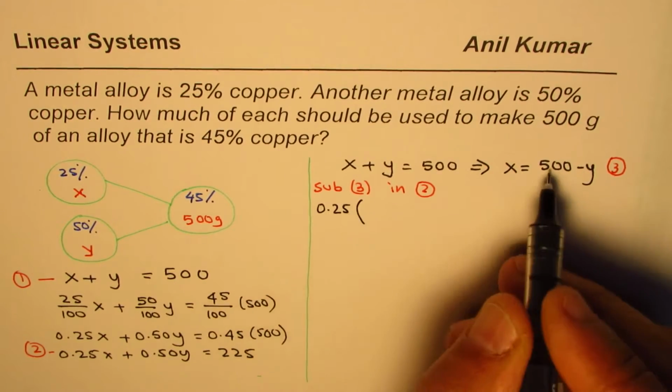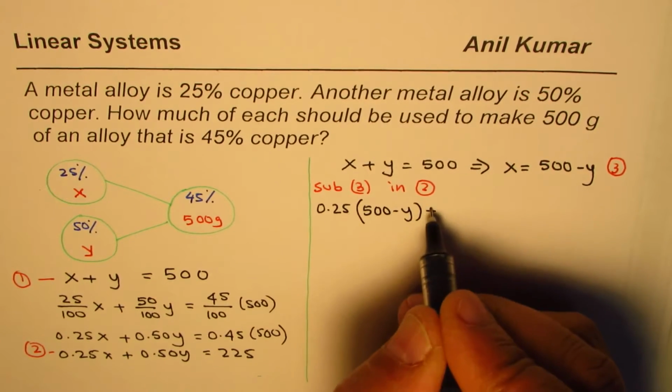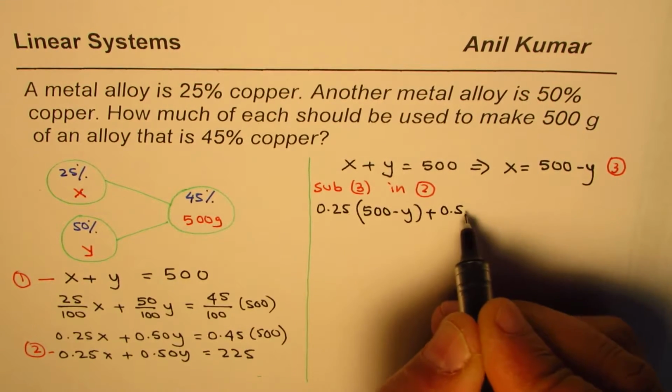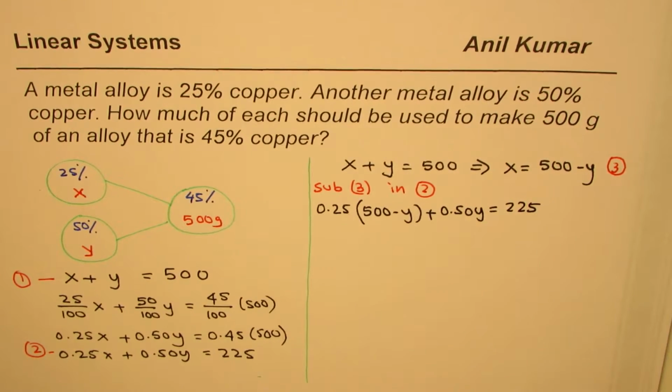So if I do that, I get 0.25 times X, which is 500 minus Y, plus 0.50y, which equals 225.